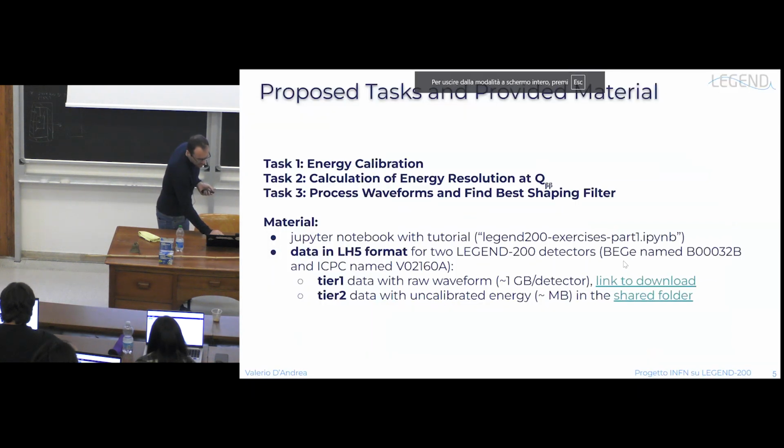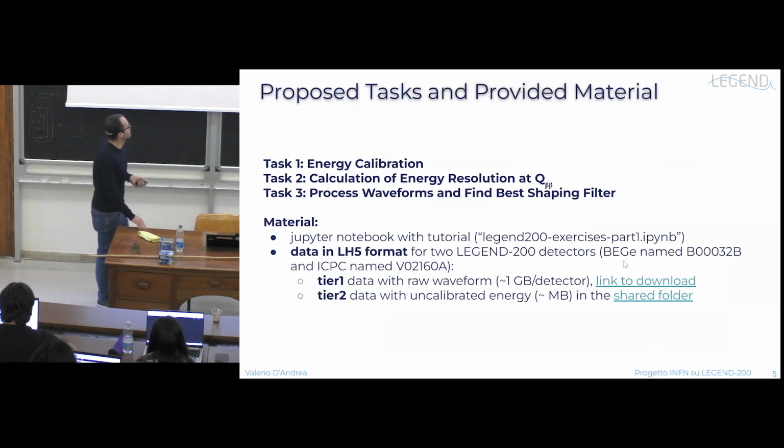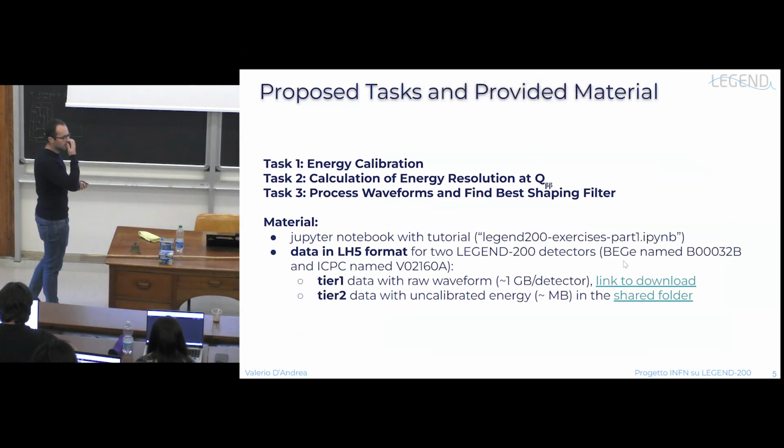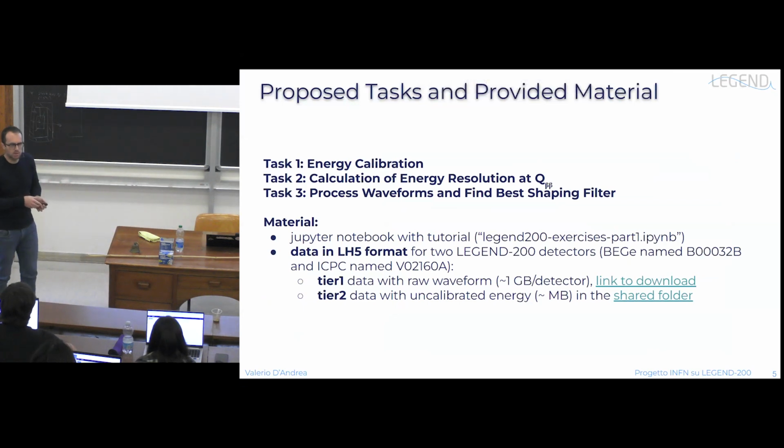If you open the PDF, probably this PDF has also been added to the main GGI event page. In any case, you have the PDF in the shared folder. I also included the raw waveform.